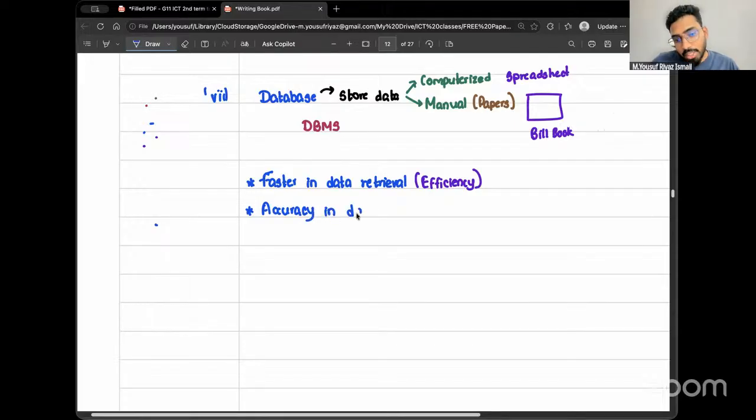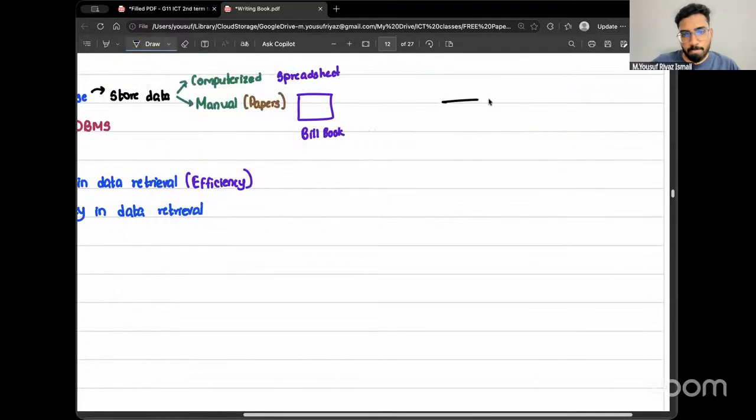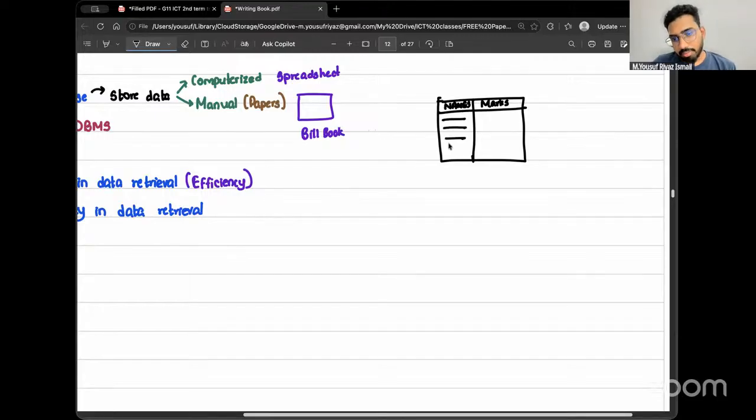So what I mean by accuracy in data retrieval is, for example, let's say you have a list of names, and along with their names, let's say I have your marks as well, name and marks. And let's say there are multiple students' names here and multiple students' marks as well.